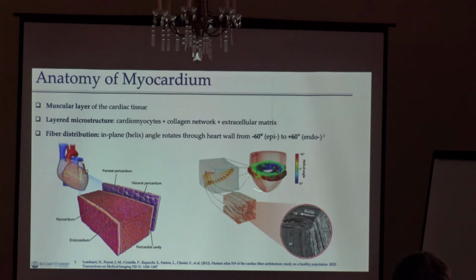Here you don't see, but basically it goes from -60 to +60 degrees usually. This is an average value, and this is called rotational anisotropy in the cardiac literature.